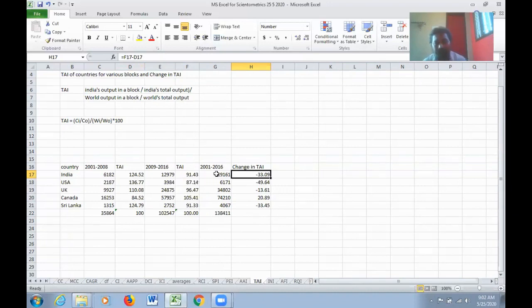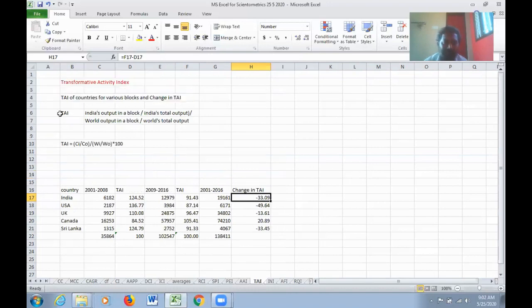So current block minus previous block. So that the activity index change is in minus. That means you're comparing the relative research efforts of countries in different blocks. As far as India is concerned, we could see relatively lesser efforts in the second part of the block. That is what the transformative activity index is all about.